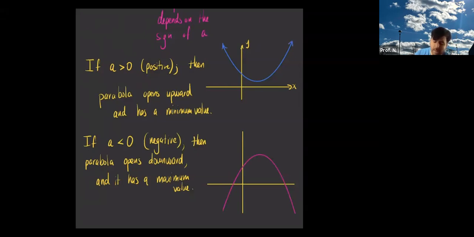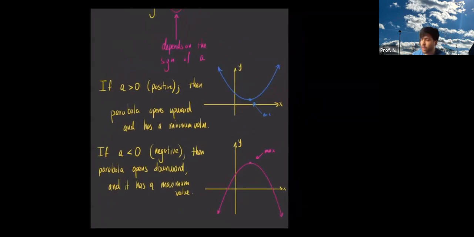These are the only scenarios that really happen that we're going to be concerned with for parabolas. Either my a value is positive, opens upward, I have a minimum, or I have the a value being negative, opens downward, and I have a maximum. So this is what happens with parabolas and how I'm able to determine whether it's up or down just by looking at the sign of the x squared term.